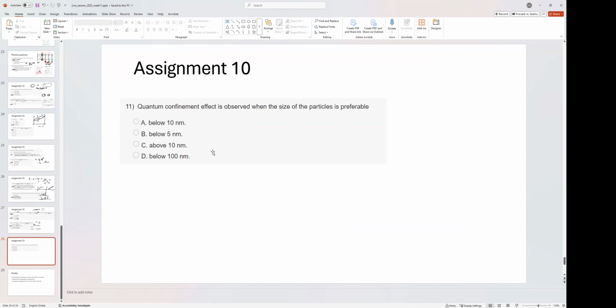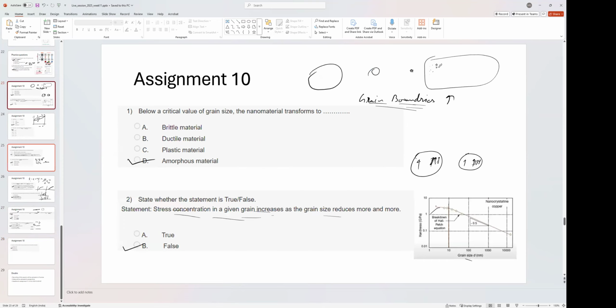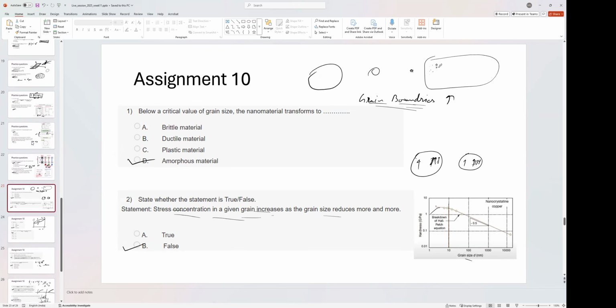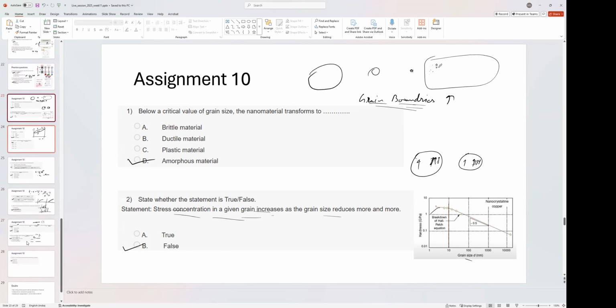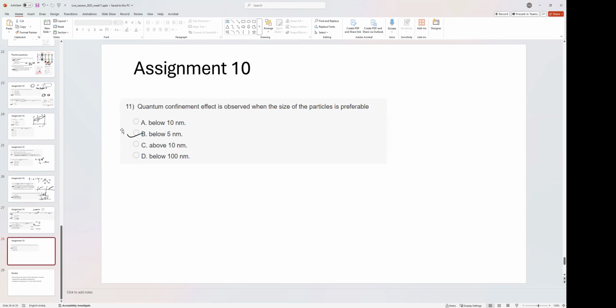Quantum confinement is observed in particle sizes generally below 5 nanometers.